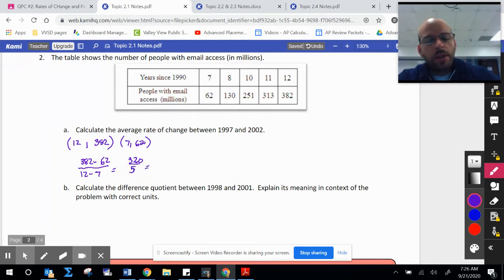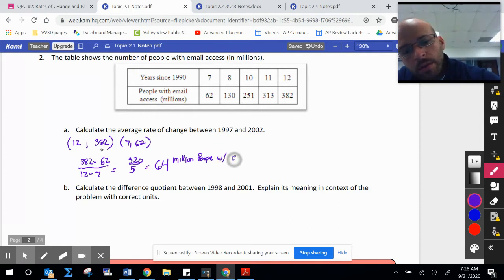And if you divide 320 by 5, we'll get 64. Now, the thing that I want you guys to do on this is put the appropriate units. So I'm going to get 64 million people with email access per 1 year.